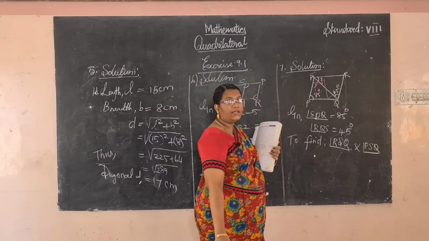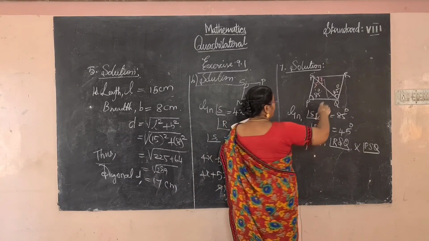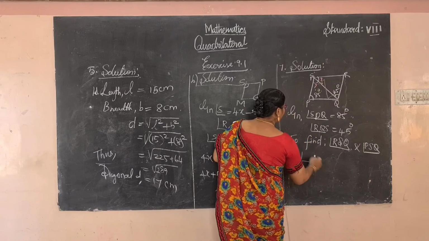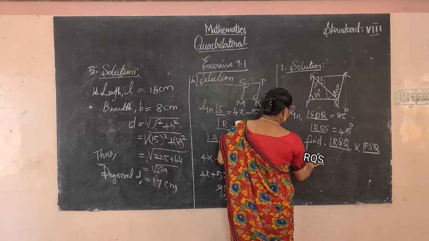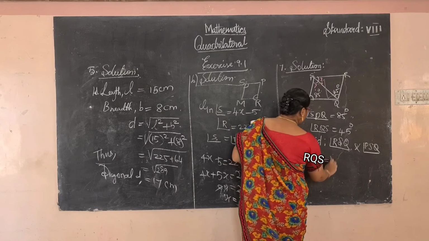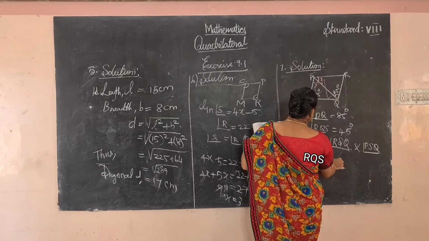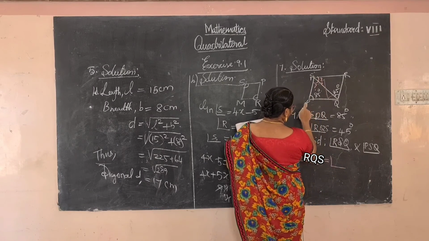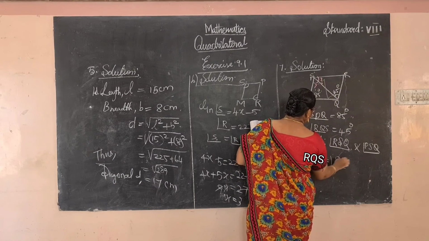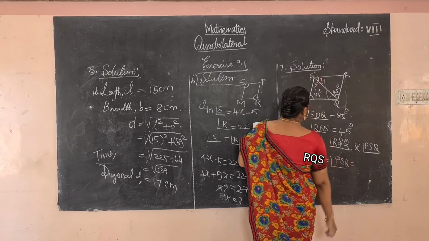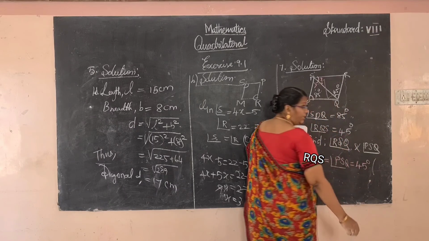The alternate angles are equal. So angle PSQ is equal to 45 degrees.